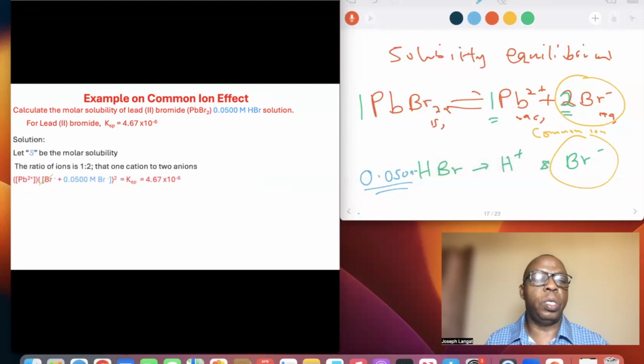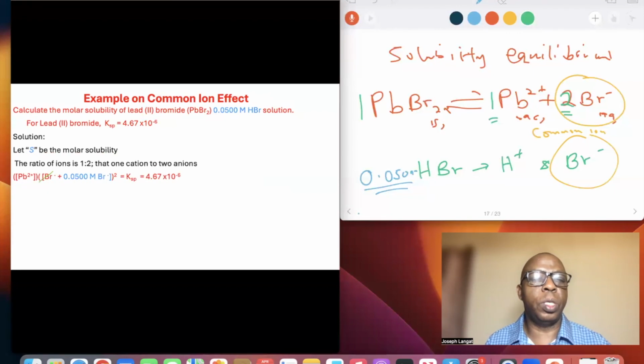So you proceed by using the same approach as for silver chloride we looked at before. This is negligible. The bromide from lead 2 bromide cancels out here. This is the concentration from hydrogen bromide squared.